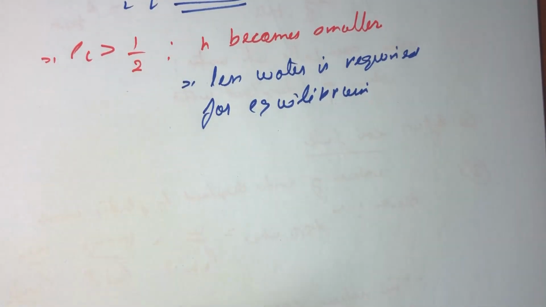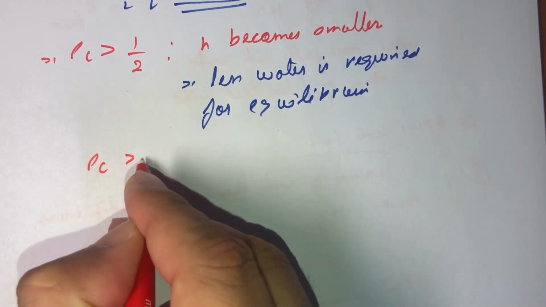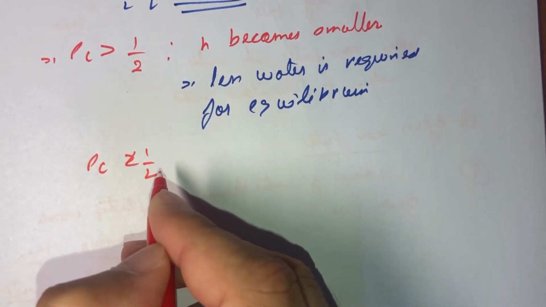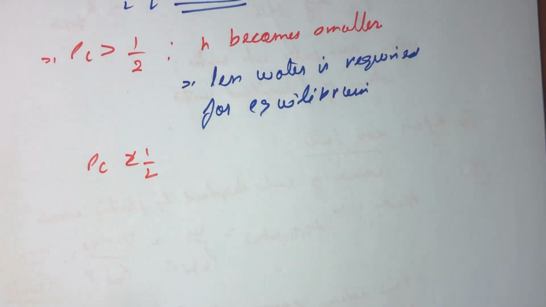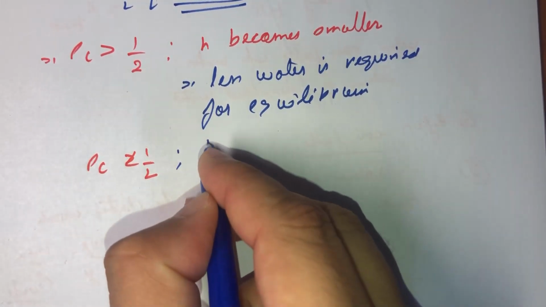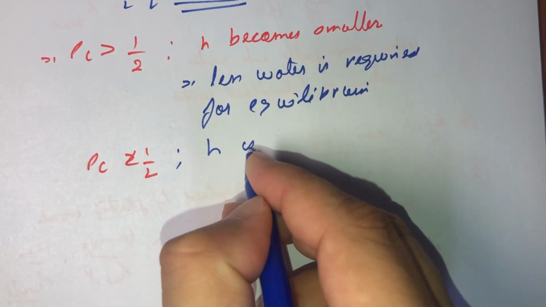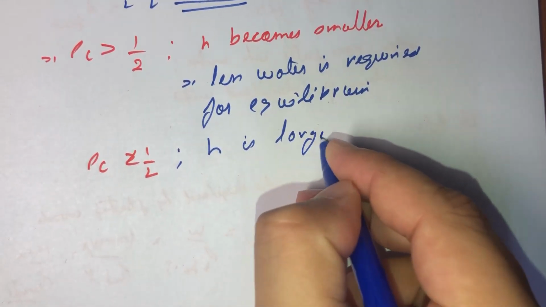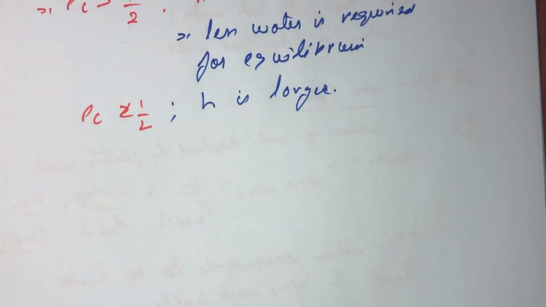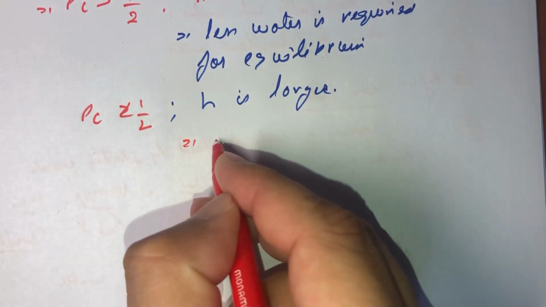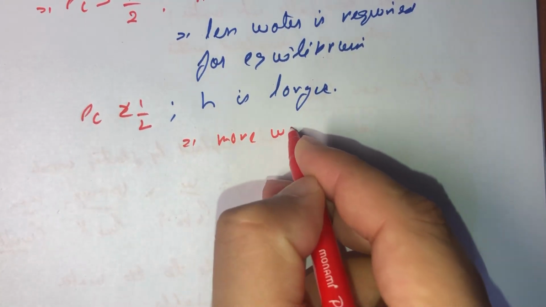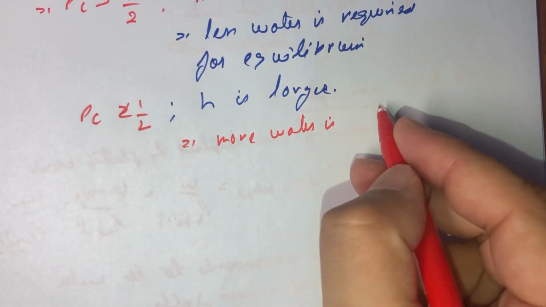And if rho c is less than 1 by 2, h will be larger, or we can say more water is required.